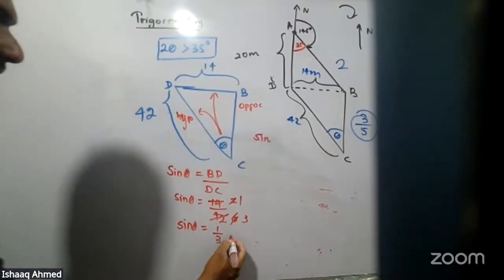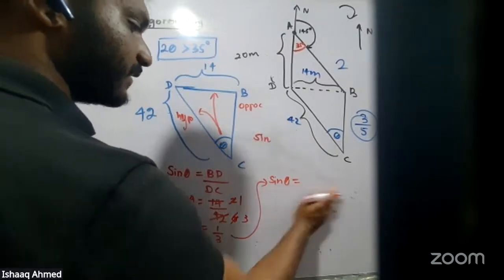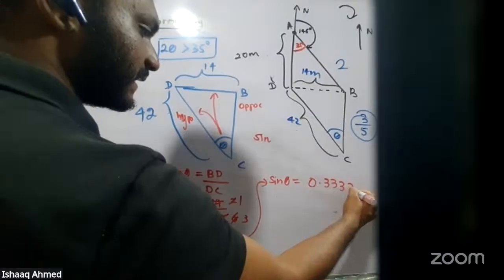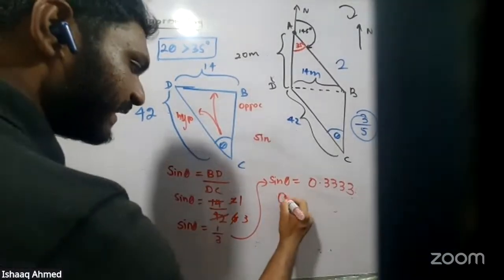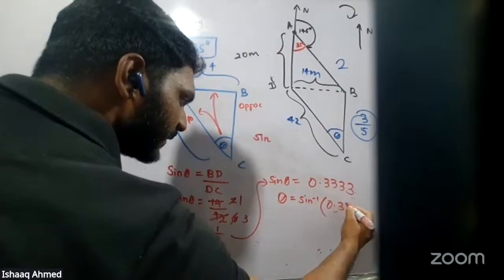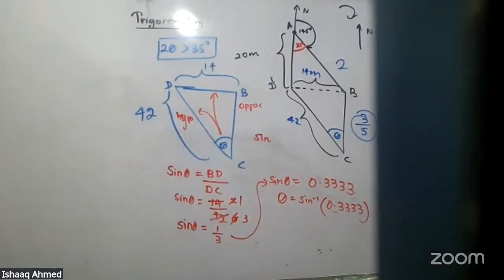Then what is 1 over 3 as a decimal? 0.3333. 1 over 3 is 0.3333, no? So theta equals sine inverse 0.3333. So you take the sine table and find where 0.3333 is in the sine table.